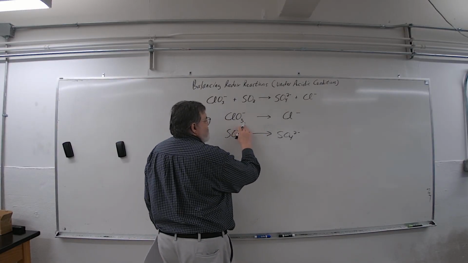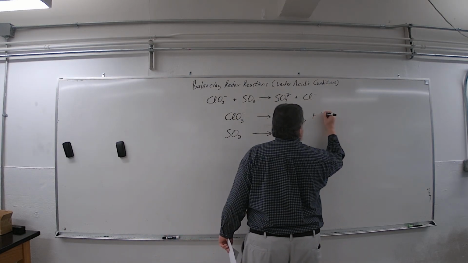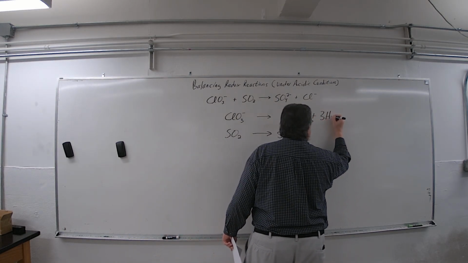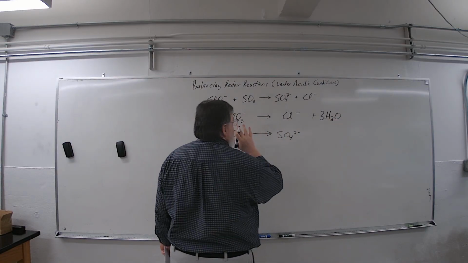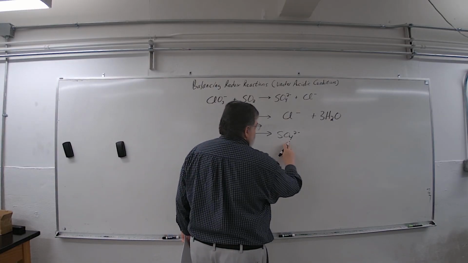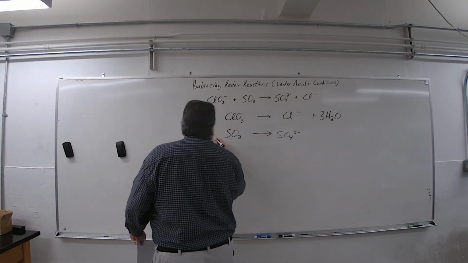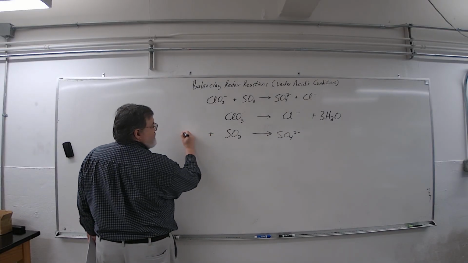I've got 3 oxygens over here and none over here. So I'm going to go plus 3 H2O, and that gives me 3 oxygens. So now the oxygens are balanced. Down here, I've got 2 here and 4 oxygens here. I need to go 2 H2O.